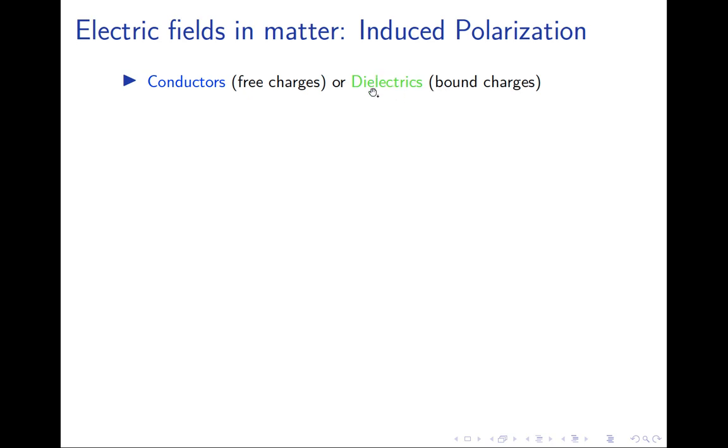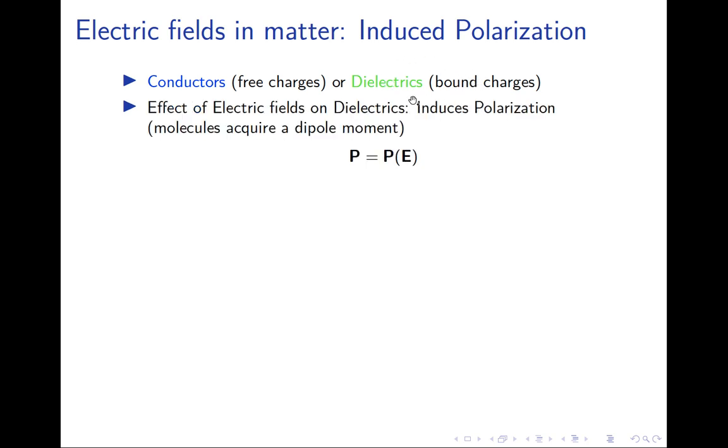and the constituents remain neutral particles, but they do get stretched in the sense that the center of positive charge and center of negative charge separate, and they develop a dipole moment. So the effect of electric fields on dielectrics is that it induces polarization. The constituents, which are molecules, acquire a dipole moment.